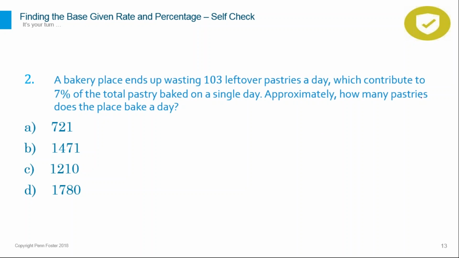It's asking for the total number of baked goods on one day. So it's asking for the base. Base equals P over R. The 103 is equivalent to the 7%, so that is the P, the percentage, and this is obviously the R.